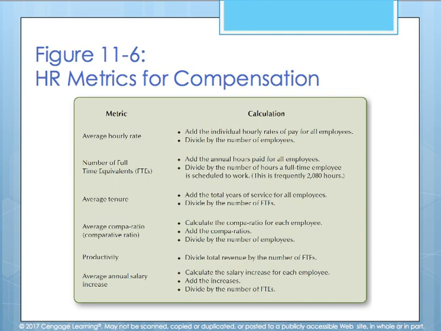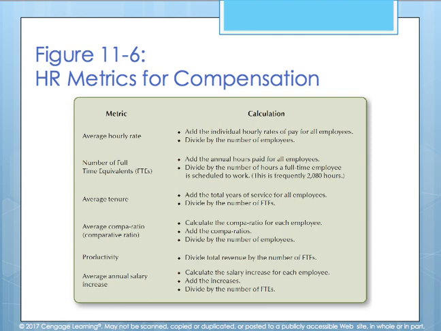Then with our FTEs, those are your number of full-time equivalents. You add the annual hours that are paid for all employees. You divide by the number of hours a full-time employee works. And this is frequently 2,080 hours, right?